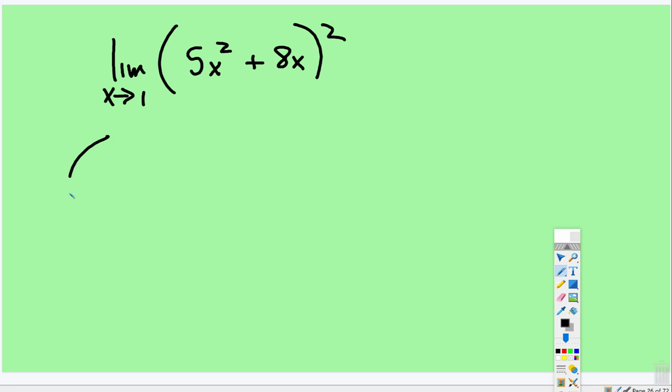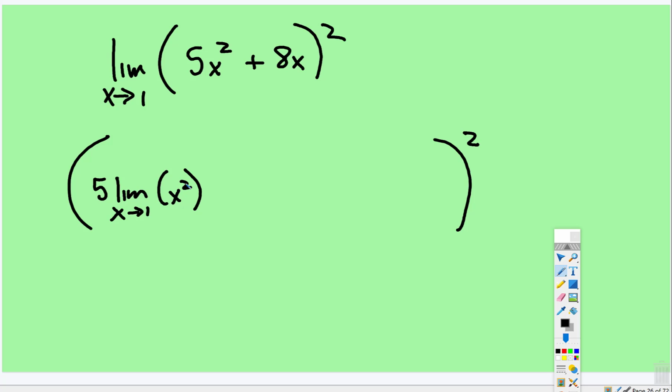This square right here, you can do this. You can square that, so that takes care of the power rule. But now we've got a scalar rule and two scalar rules, and we also have the sum rule. So using the scalar rule, we could write 5 times the limit as x approaches 1, x squared.